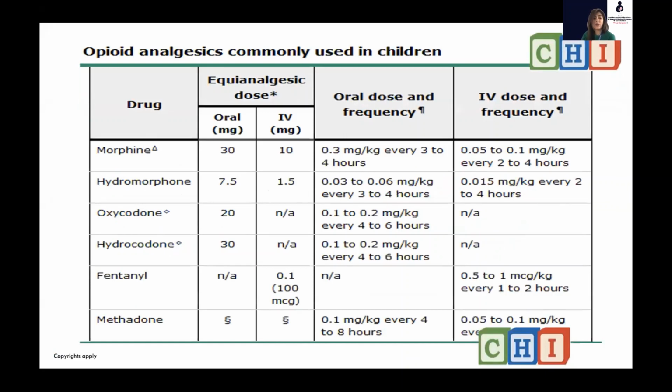Again, the doses for morphine: oral is 0.3 milligram per kg every 3 to 4 hours, and the IV dose is 0.05 to 0.1 milligram per kg every 2 to 4 hours. Fentanyl is 0.5 to 1 microgram per kg every 1 to 2 hours, and there is an intranasal form as well.